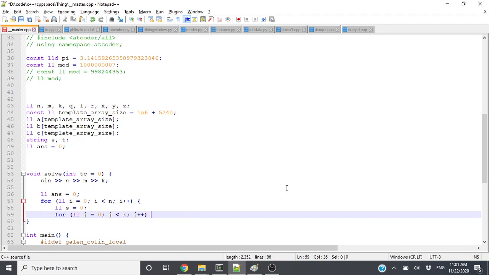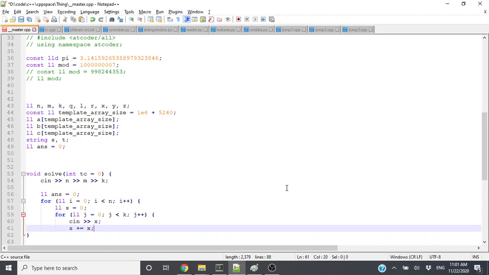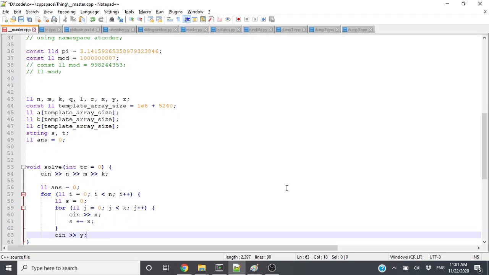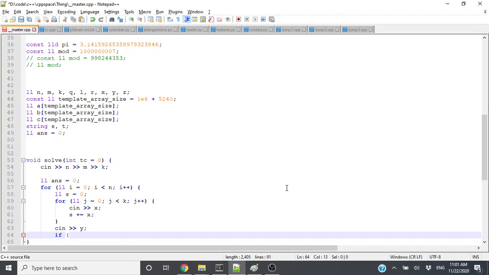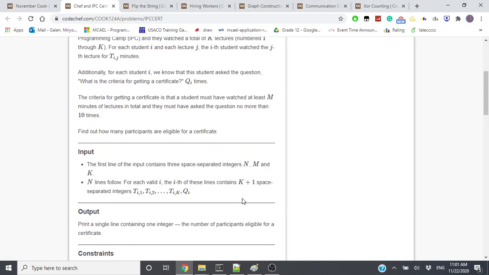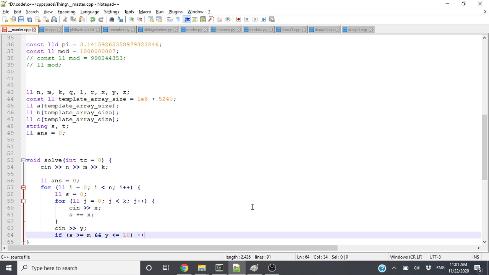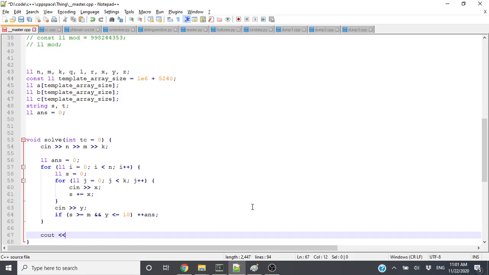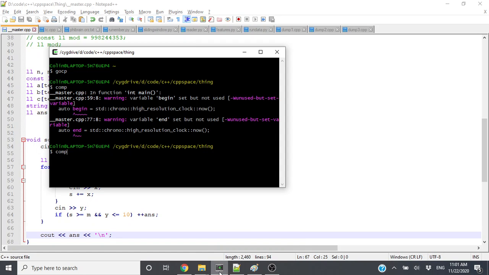K, J++, Cn to Y. If S is greater than or equal to M and Y is less than or equal to 10, it's no more than 10 times, right? Yeah. So we just straight up implement the problem. Just do what it tells you to.